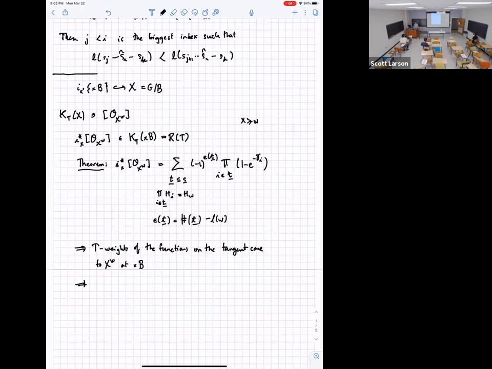So this in turn gives you information about the weights of the tangent space T x of w. So that's where the equivariance comes into it.